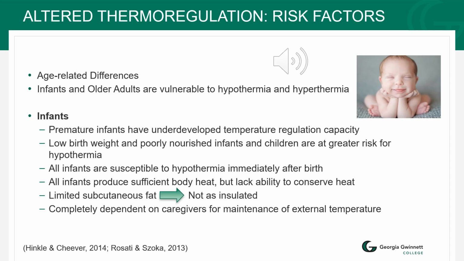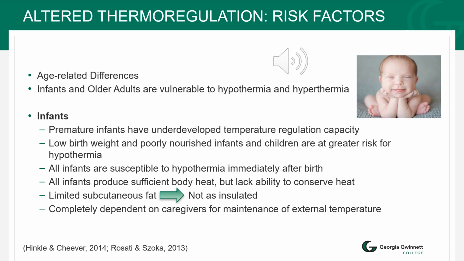So let's talk about risk factors for altered thermoregulation. Infants and older adults are very vulnerable to both hypothermia and hyperthermia. So the infants have underdeveloped temperature regulation capacity. They don't have the ability to regulate their temperature as well as an adult does.